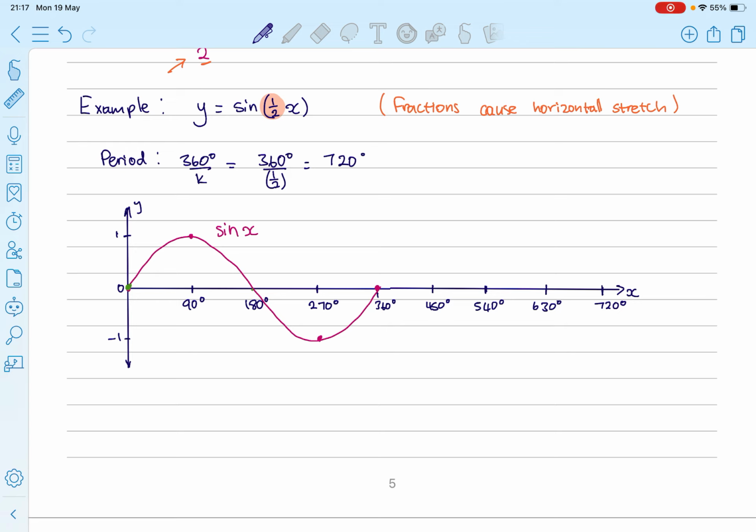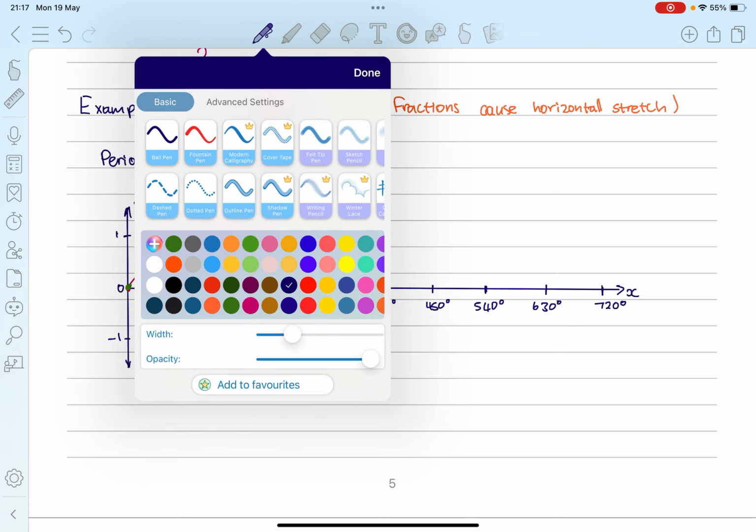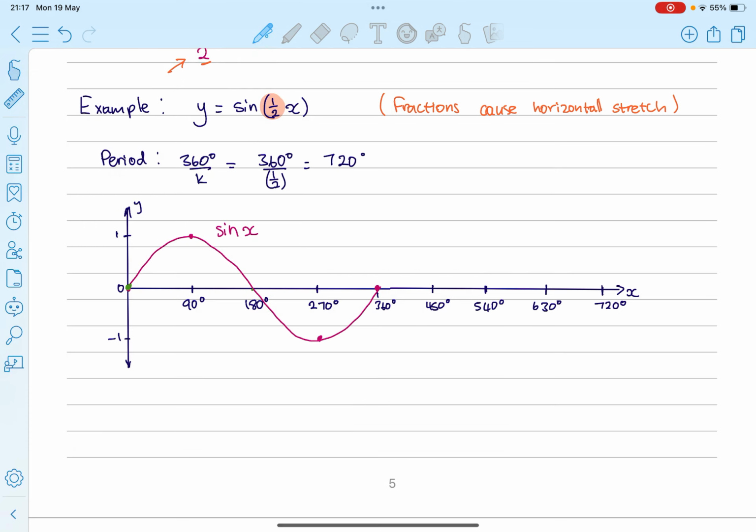Okay, so now we just need to add the coordinates for the new graph of sine a half x. All right. I think let's use a different color. A blue should be fine. So we said that to get the new coordinates, you take your critical points and you divide them by your k value.